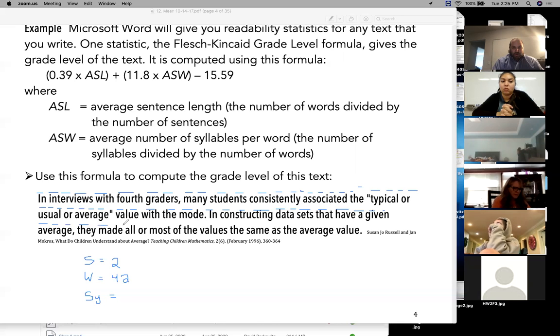They made all or most of the values the same as the average value.